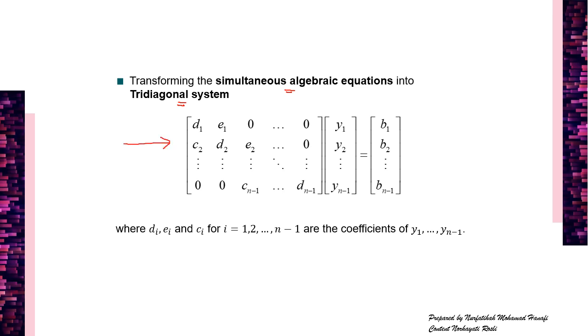Why do we call it a tridiagonal system? Because we only have values on the three diagonals, where the rest is 0, where di, ei, and ci for i equal to 1 until n minus 1 are the coefficients of y1 until yn minus 1.